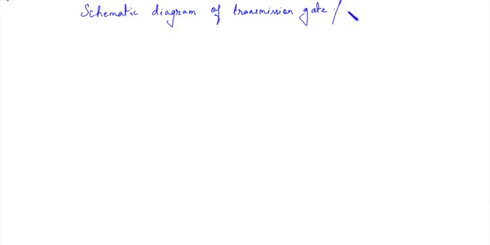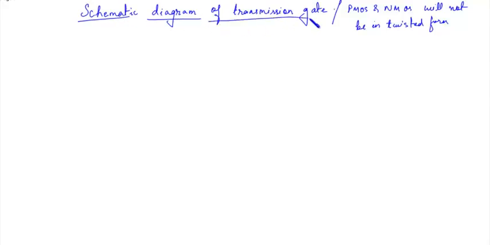That is, the PMOS and NMOS will not be in twisted form. So let's see this schematic.